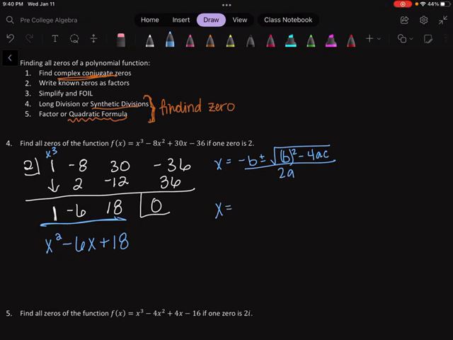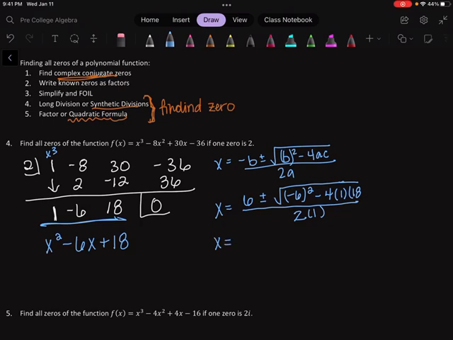So let's go about that. x is equal to negative b, so that's negative 6, so 6, plus or minus the square root of negative 6 in parentheses, squared, minus 4 times A, which is 1, times C, which is 18, all over 2 times 1.